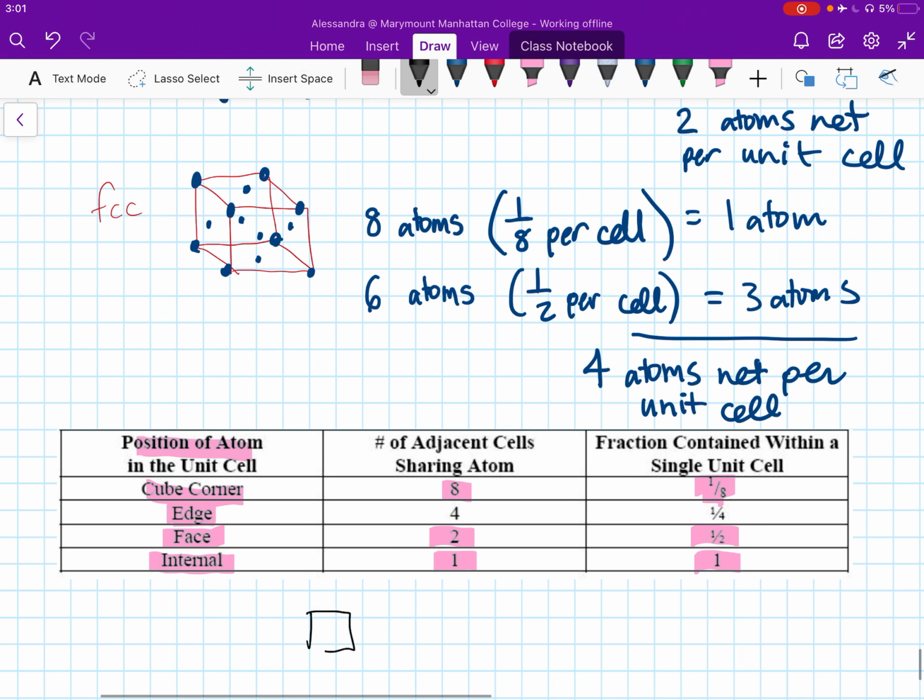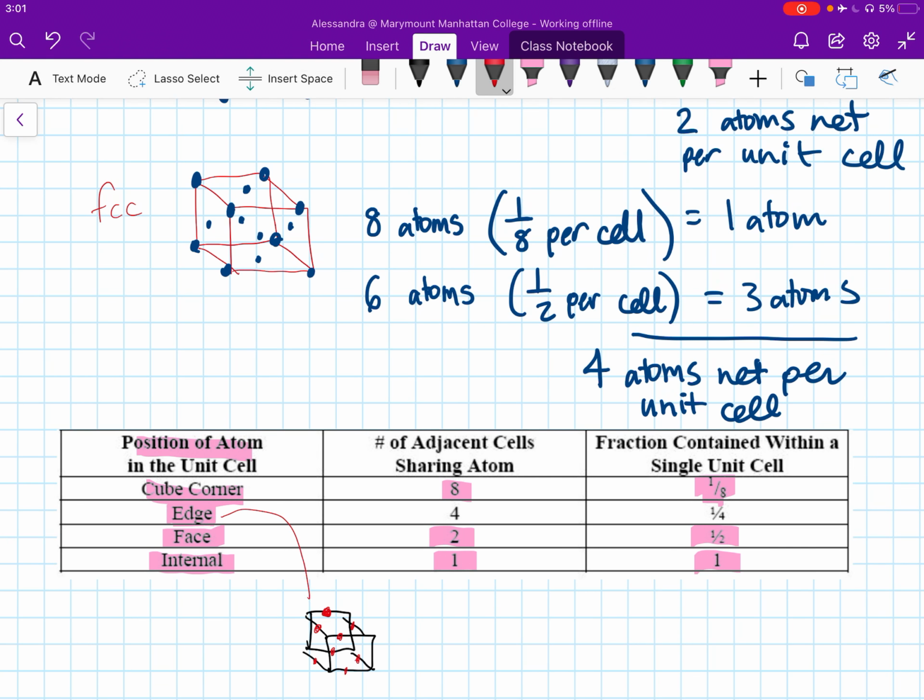Finally, if an atom is on the edge of a cube, and what I mean by the edge here is my cubic unit cell, an edge-centered atom would be here on one of the edges. Okay, so these would be edge-centered atoms. Here I'm drawing one on each of these edges.